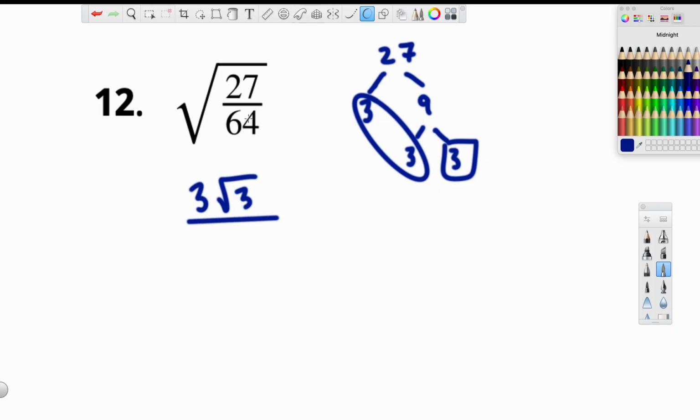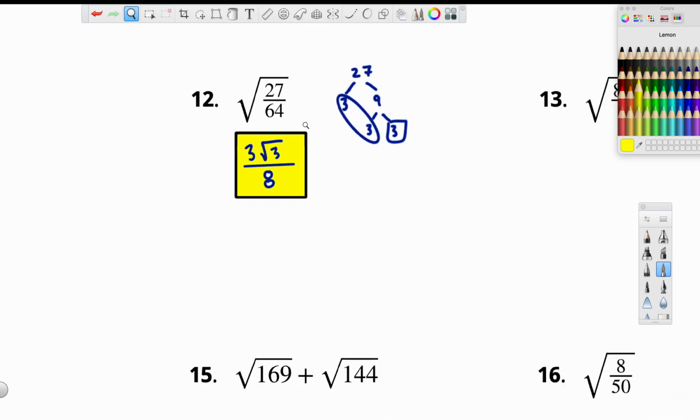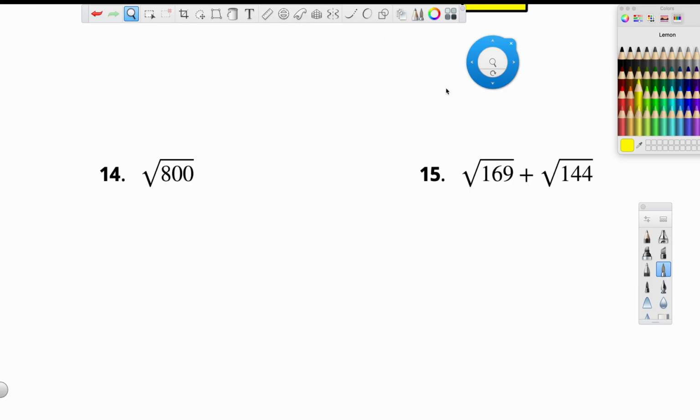And the square root of 64, 64 is a perfect square, so that would be 8. And 3 and 8 doesn't simplify, so this is our final answer for this one. Okay, 12 is done. Let's see, 14.